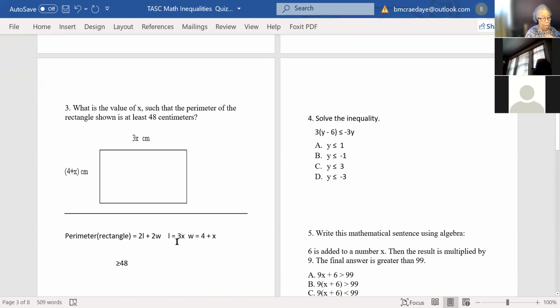Either way, you take 2 times the length plus 2 times the width. My question, Vanessa: what is on the left side? What would I put for 2L?